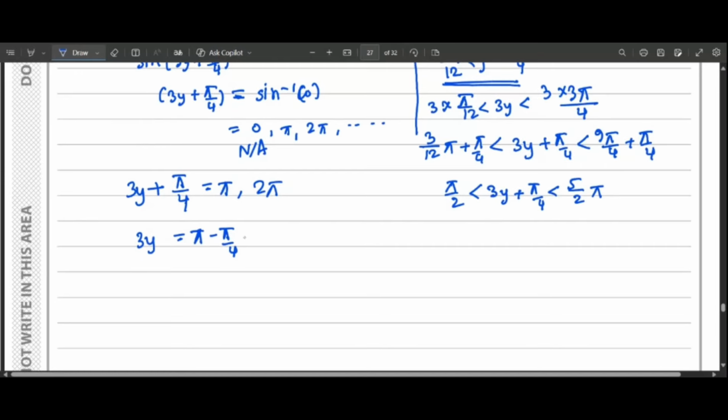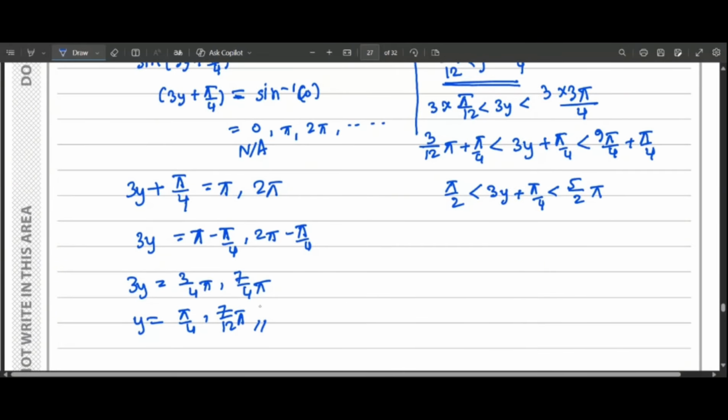So now we can write 3y equals pi minus pi by 4 and 2 pi minus pi by 4. So 3y will be equal to 3 by 4 pi and 7 by 4 pi. So y will be equal to pi by 4 and 7 by 12 pi.